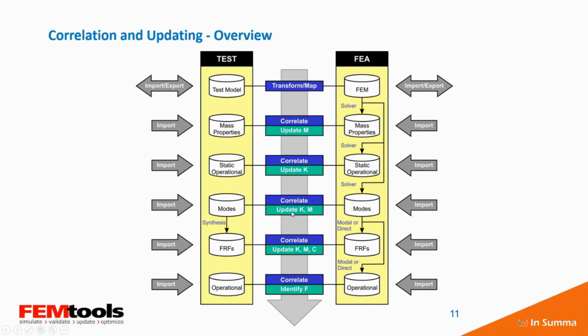Also, the frequencies that we obtain are a function of stiffness and mass, which can be a benefit because you have more parameters that you can validate. It can also be a disadvantage because you may not be able to decide whether the change will be made in terms of stiffness or in terms of mass. So it's always useful to combine the modal approach with either the mass or the static.